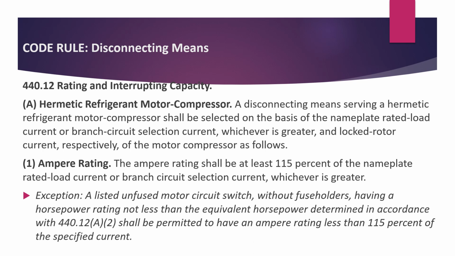Here the ampere rating shall be at least 115% of the nameplate rated load current or branch circuit selection current, whichever is greater. Here also provided an exception: a listed unfused motor circuit switch without fuse holders having a horsepower rating not less than the equivalent horsepower determined in accordance with 440.12(A)(2) shall be permitted to have an ampere rating less than 115% of the specified current. So take note of this factor, 115%.